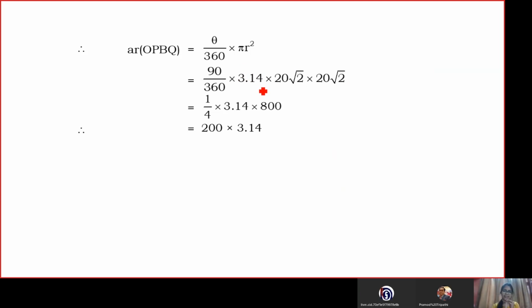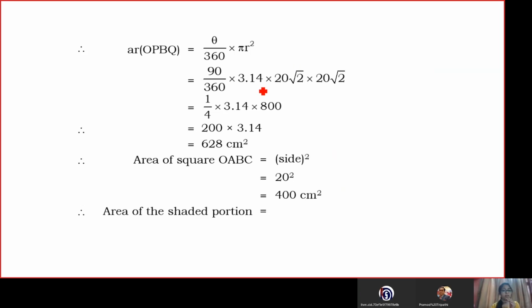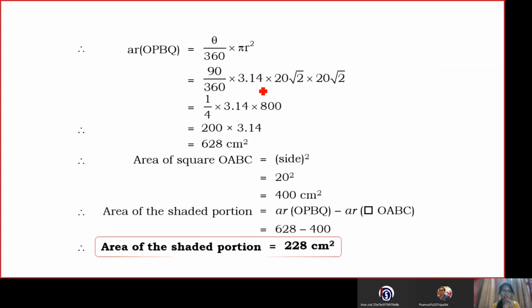So once you've calculated the area of the sector and area of the square, you will be able to find out the area of the shaded portion by subtracting. Area of the quadrant minus area of the square will give us the area of the shaded portion as 228 centimeter square. I hope, children, this is clear to you.